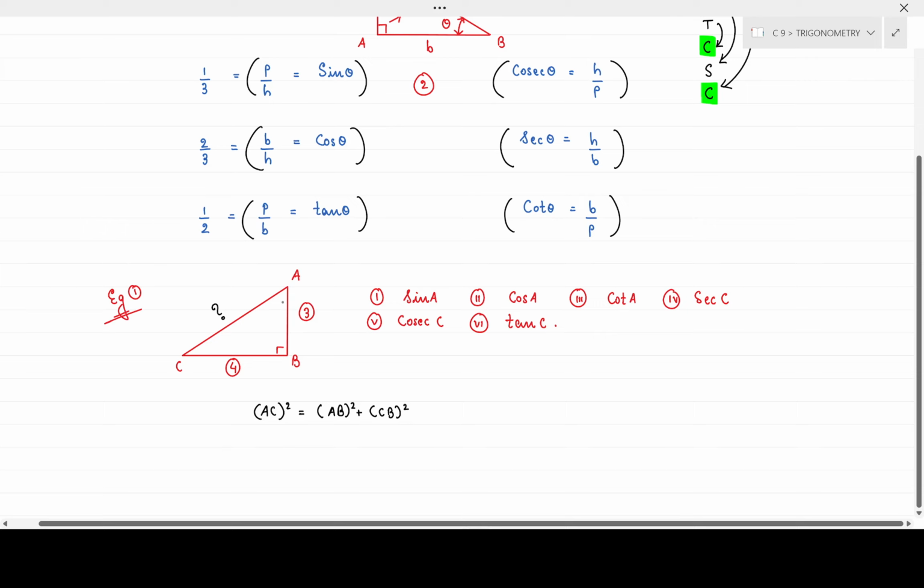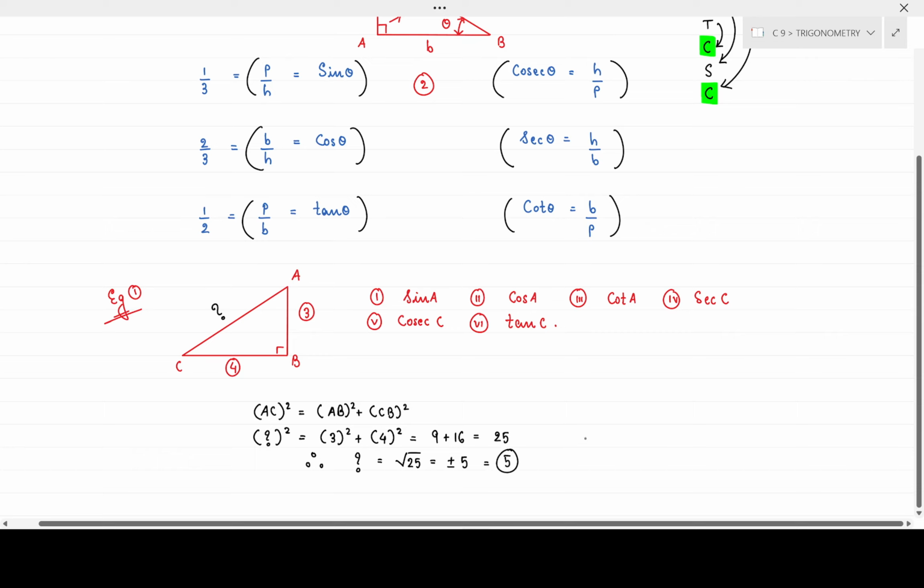So in place of AC, let it be a question mark here. In place of AB, we will substitute 3. In place of CB, we will substitute 4. This gives us 9 plus 16, which is equal to 25. So the value of the question mark will be the square root of 25, that is plus minus 5, but we will only consider the positive value.